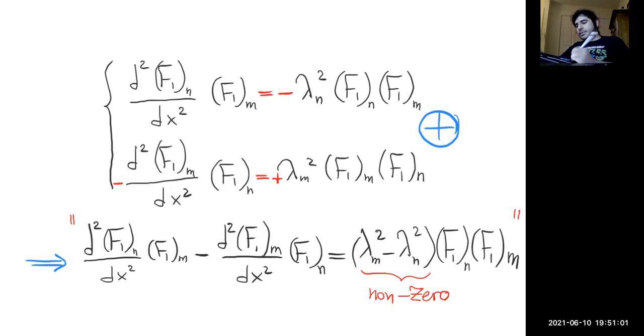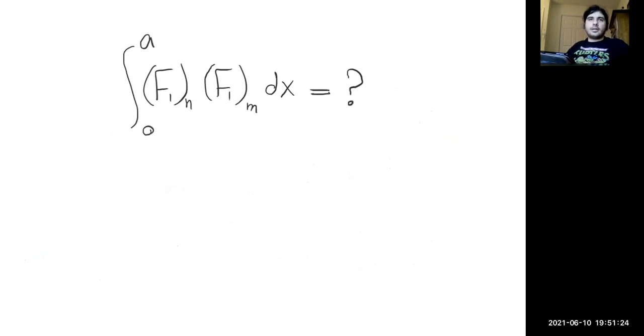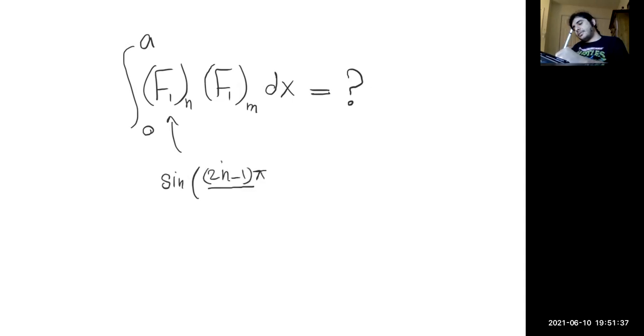Now let's integrate both sides. Let's look at the right-hand side, at f1n and f1m. If we take the integral of this thing from 0 to a with respect to x, what would be the value of this integral? Let's look at the previous example. In the previous example, this was sine of (2n minus 1) pi over a.